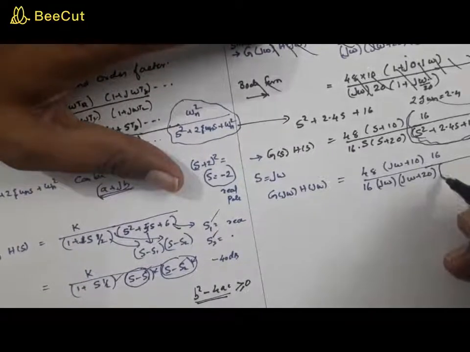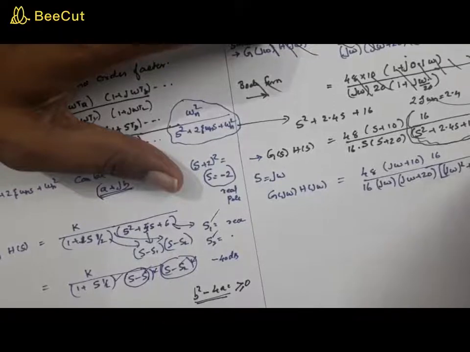So I will just substitute j omega square plus 2.4 j omega plus 16, right?